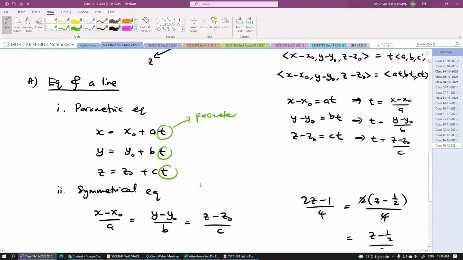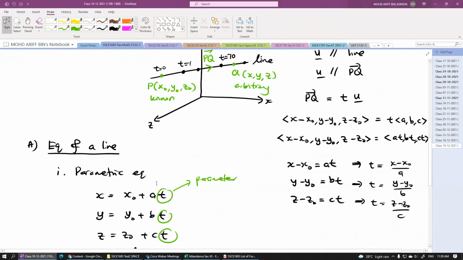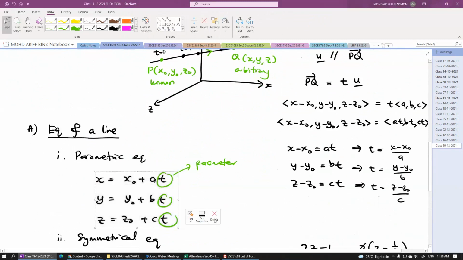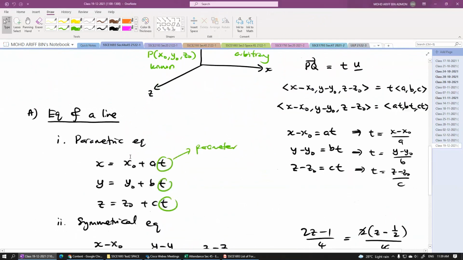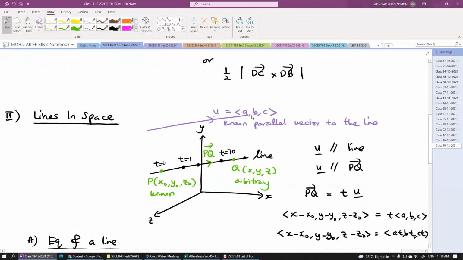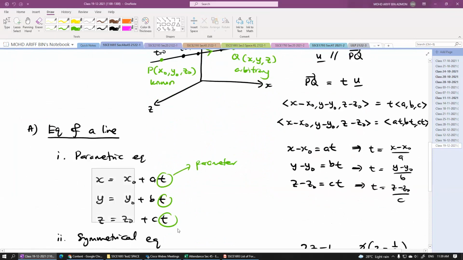Okay, right. If you go back, this is our equation of a line. So what are x naught, y naught, z naught? A point on the line. What is ABC? ABC is the parallel vector to the line. So this is the vector that we are looking for, because this parallel vector is a part of our equation of a line. From this line, you can get ABC. That is your parallel vector.